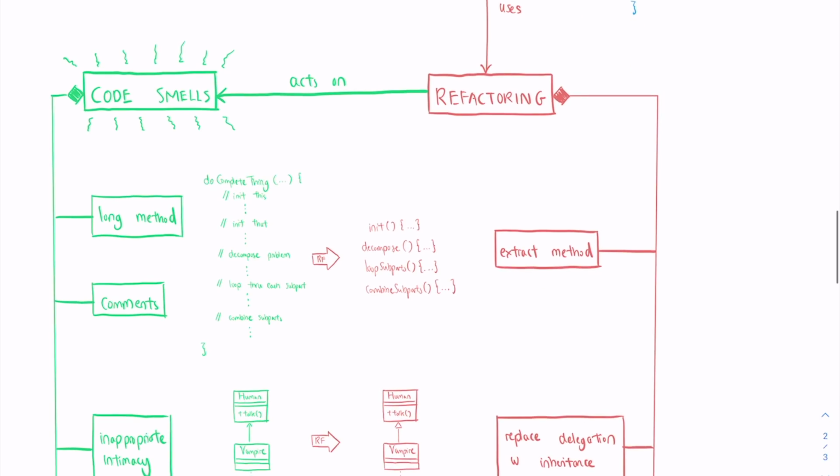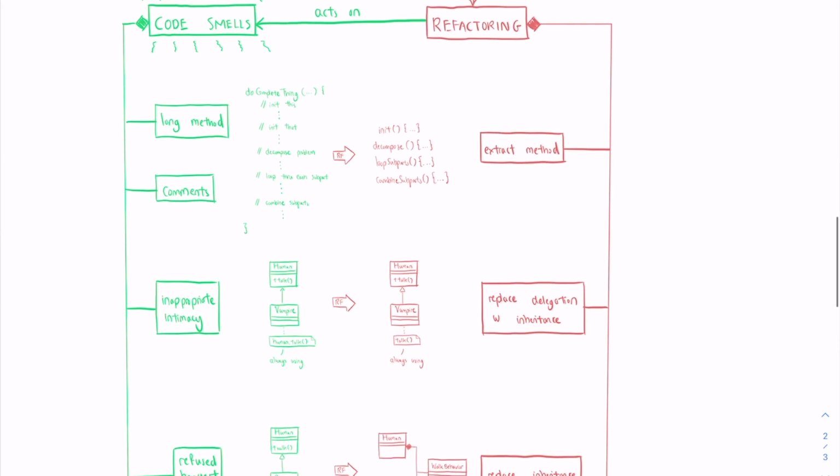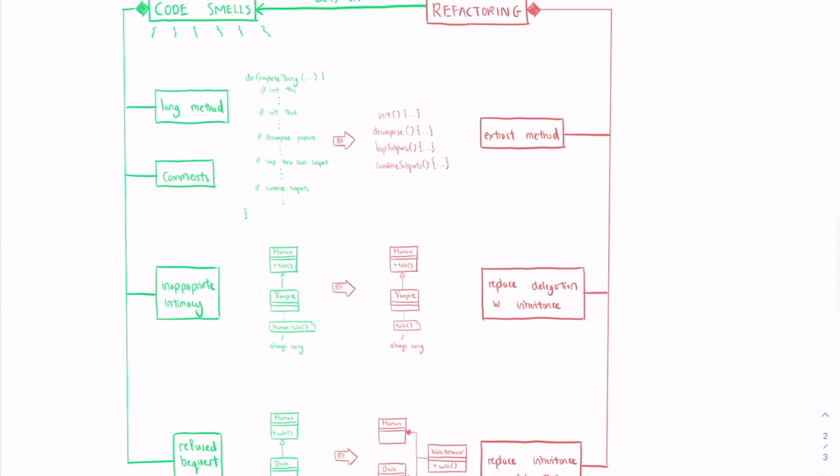You can see that there are these two sides that we have over here, with code smells on the left side, as well as refactoring patterns on the right side. So what is this?